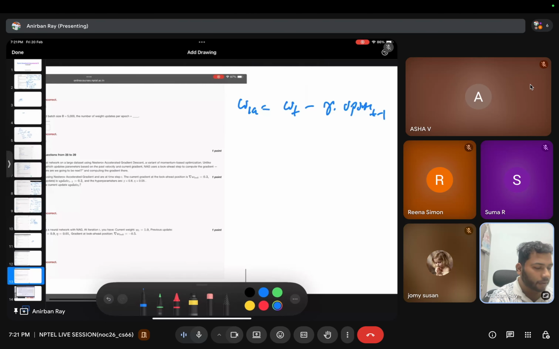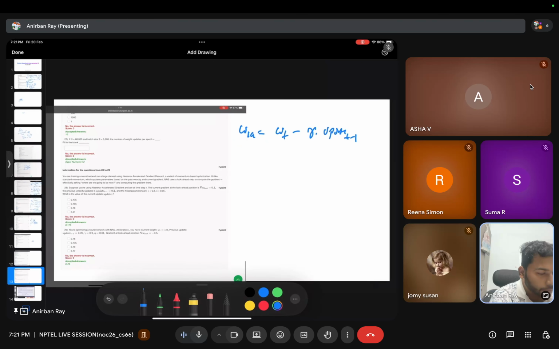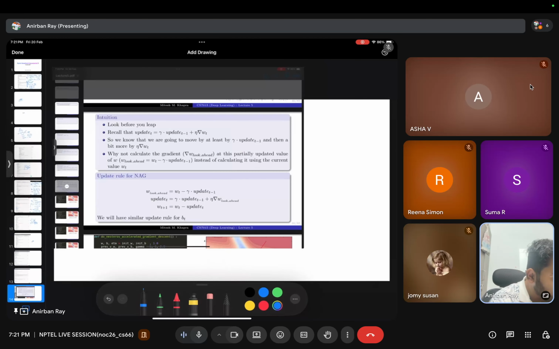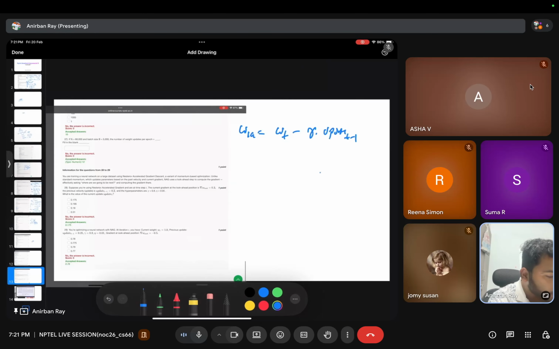Okay, so this is what we have. Let's see the problem. At step, current gradients at the look ahead position del W look ahead is equal to, so that is given. So eta is the learning rate, 0.05, into the look ahead value, 0.3.